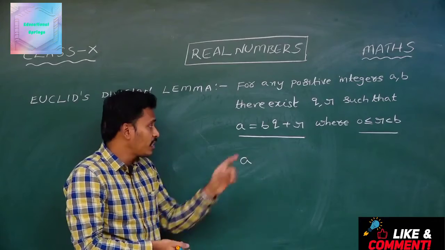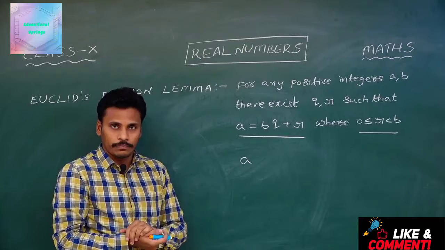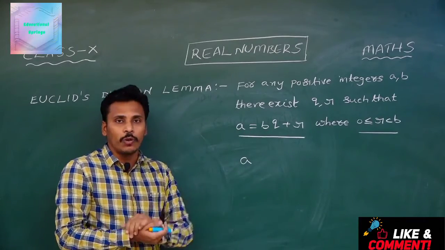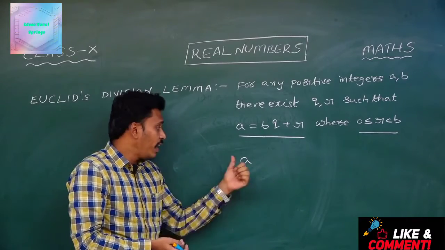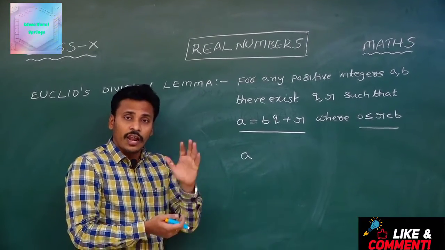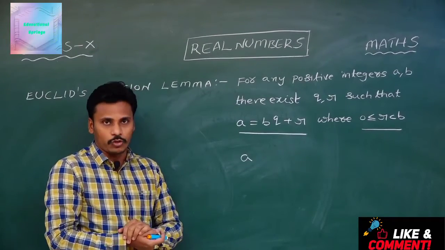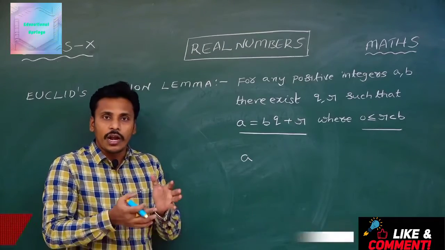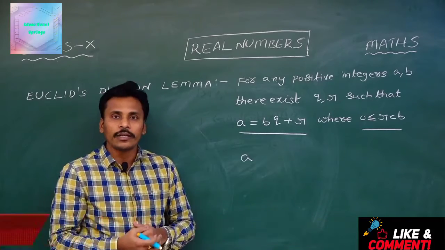Then a has two representations, 2q and 2q + 1. Whereas if b = 3, r has three possible values 0, 1 and 2. Then a has three representations: 3q, 3q + 1 and 3q + 2. All these things are already over in the previous session, and now we are going to utilize all these properties to prove certain problems.